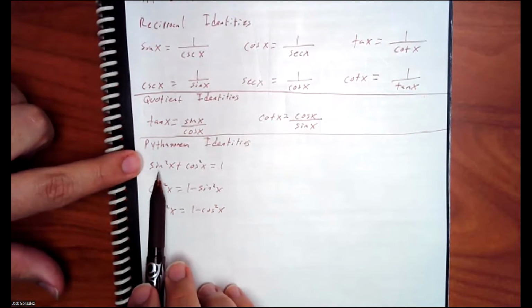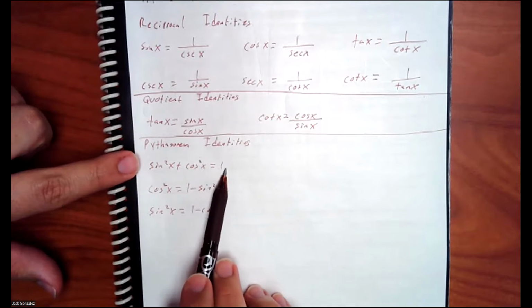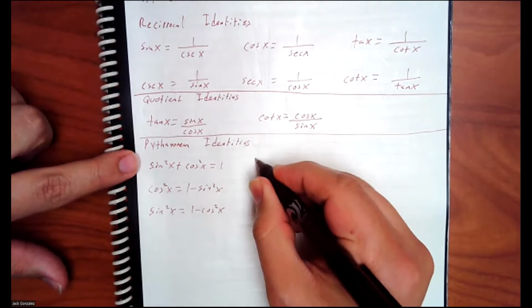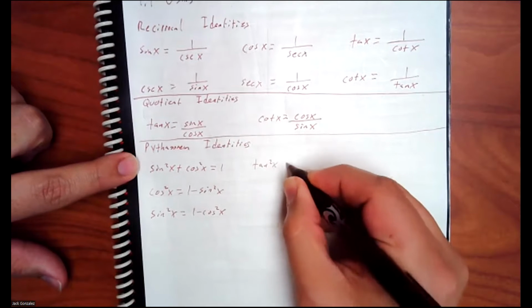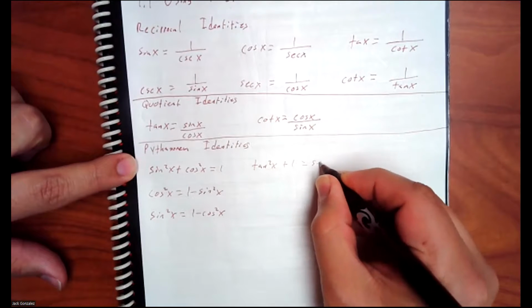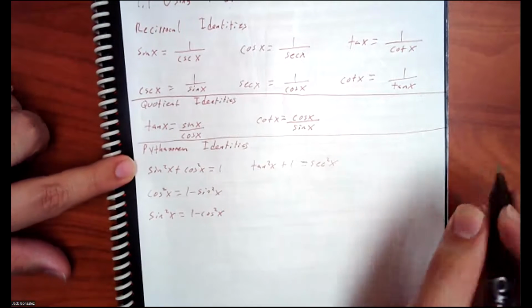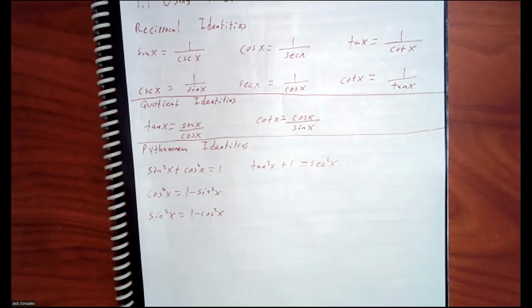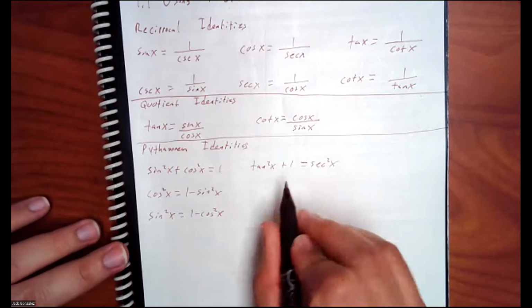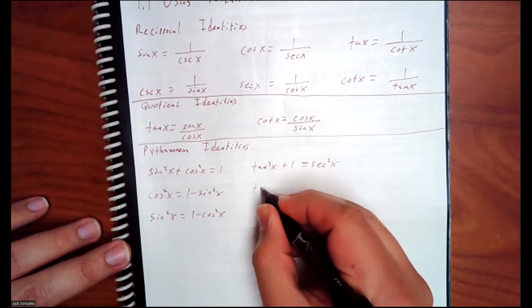Now, if you take the original and divide by cosine on every single term, you'll create a new formula, which will be this guy. So if I subtract the 1 over, I get another formula.